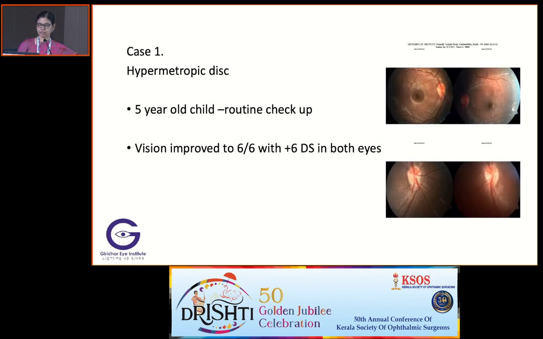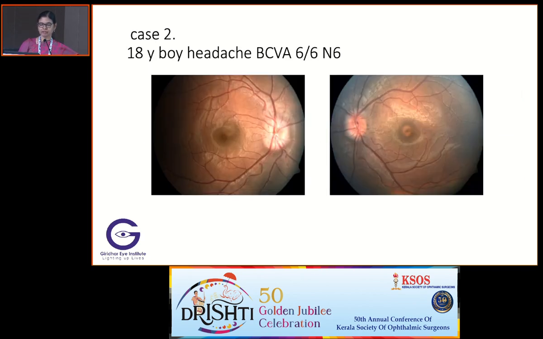a 5-year-old child came for a routine examination and the disc looked like this, bilateral blurring of disc margins. But with +6 diopter sphere, the child's vision improved to 6/6. So it is a case of hypermetropic disc, pseudo-disc edema. An 18-year-old boy came with headache, vision 6/6 N6.